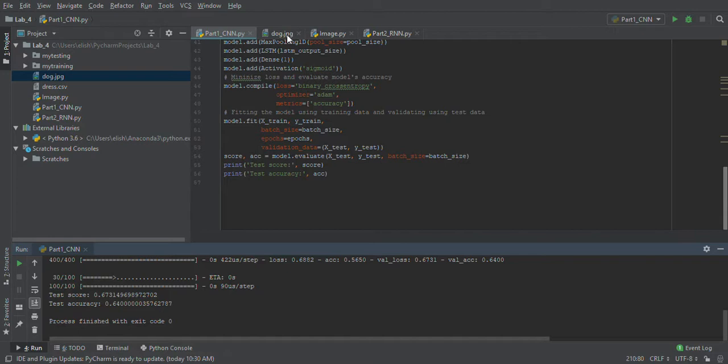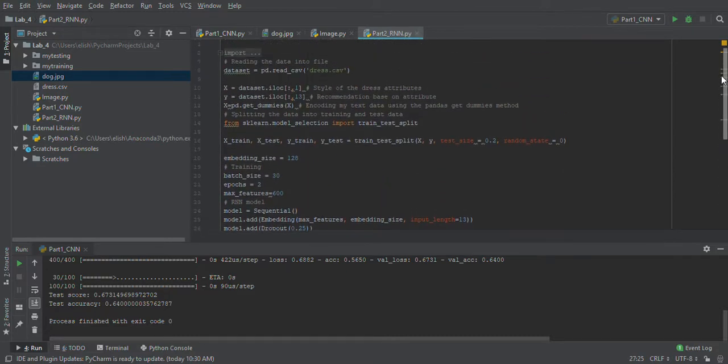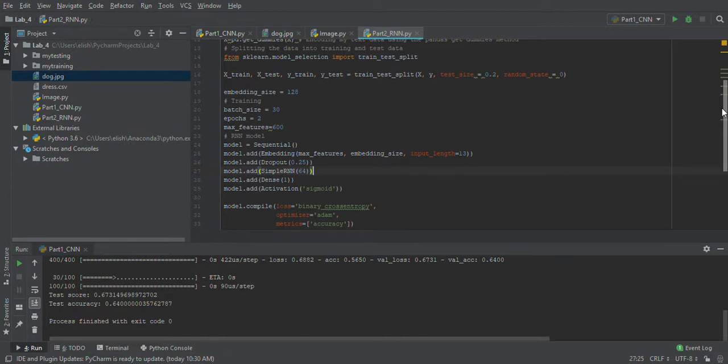So the second part was to implement text classification using the RNN. It's the same steps. The only difference here is that the model itself, instead of LSTM and the one-dimensional convolutional neural network model, I use a simple RNN model.